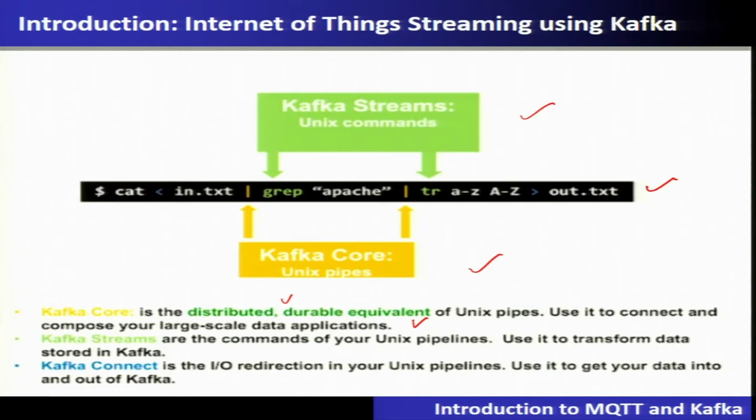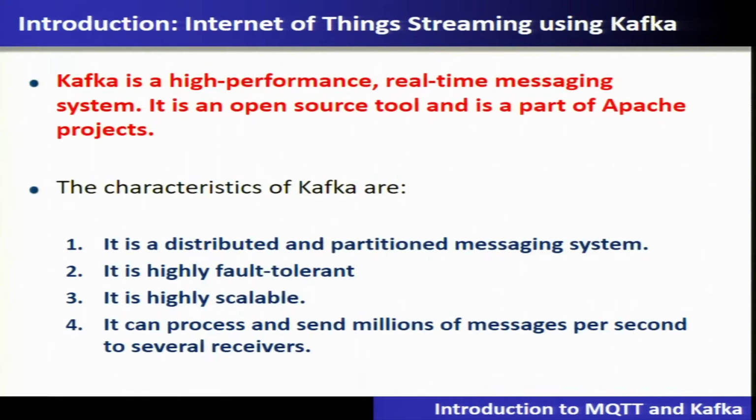Whereas Kafka Streams are the commands of your Unix pipelines, and it transforms the data stored in Kafka. Kafka Connect is the IO redirection in the Unix pipeline, and it gets your data out of and into the Kafka system. So let us go into more detail about Kafka.